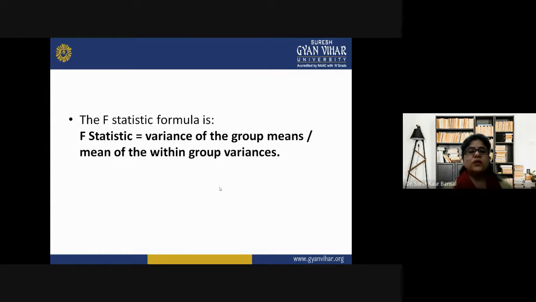Now, let's have a look at the F-test formula. The F-statistic is the variance of the group means over the mean of the within-group variances, and there are different formulas given for it; practice will enable you to do the F-test properly on your data.